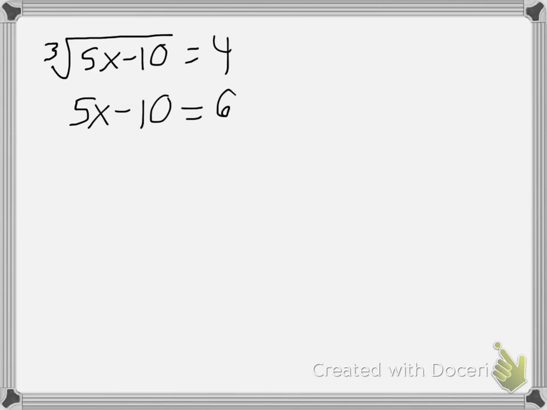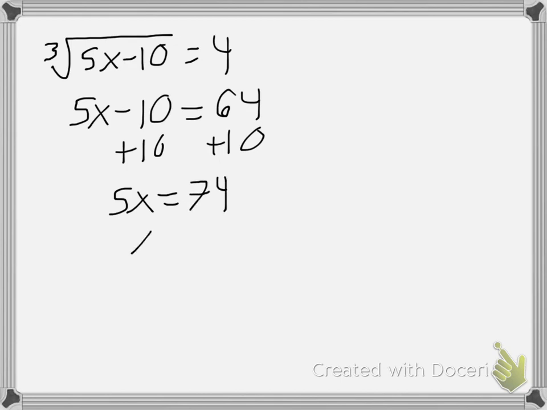All right, so I'm going to add 10. I'm going to get 5x is equal to 74. And we get x is equal to 74 over 5. Now this one you do want to make sure that it works.